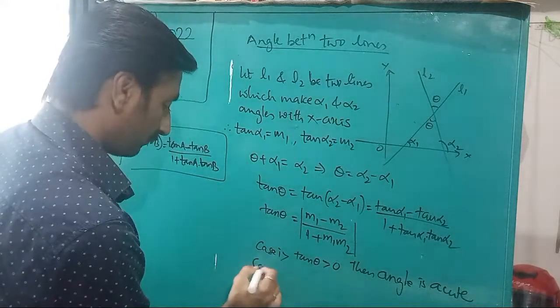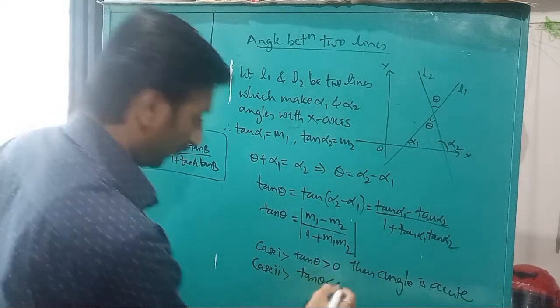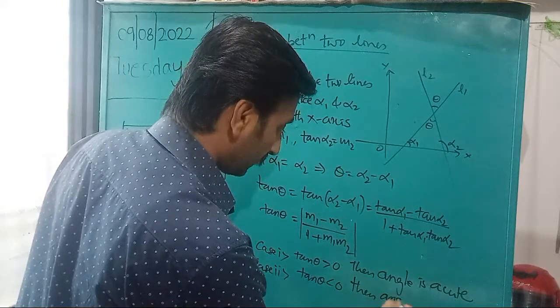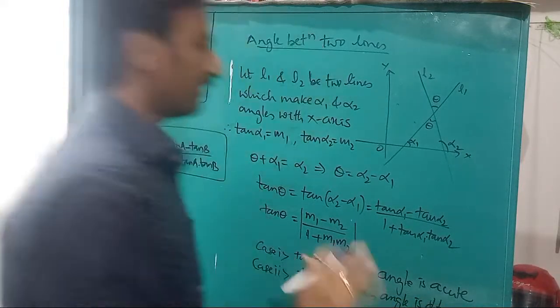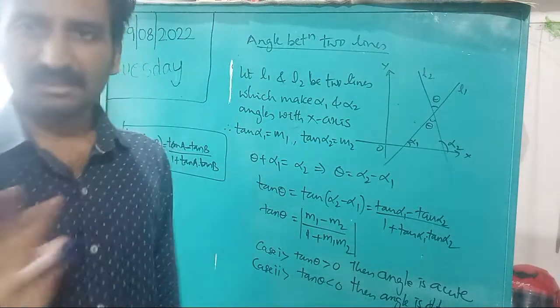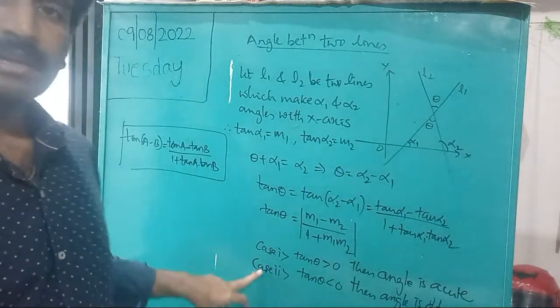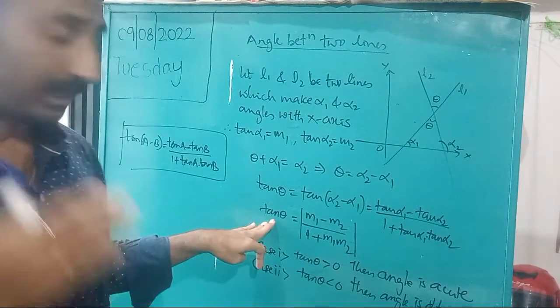केस 2, whenever tan theta जो नेगेटिव होता है, then angle is obtuse होता है. This is very simple logic. There is nothing else too much more to go for here. When in case 1 tan theta is negative, then angle is obtuse.